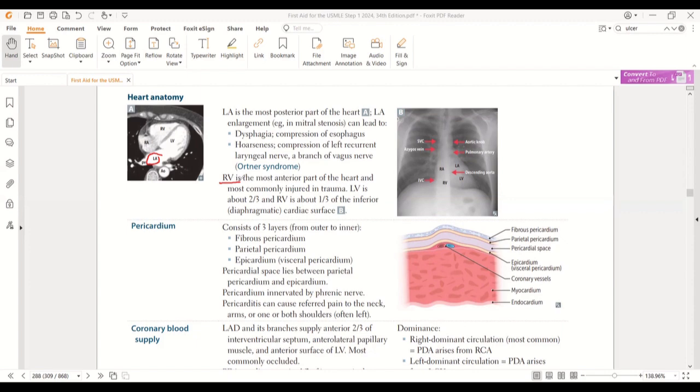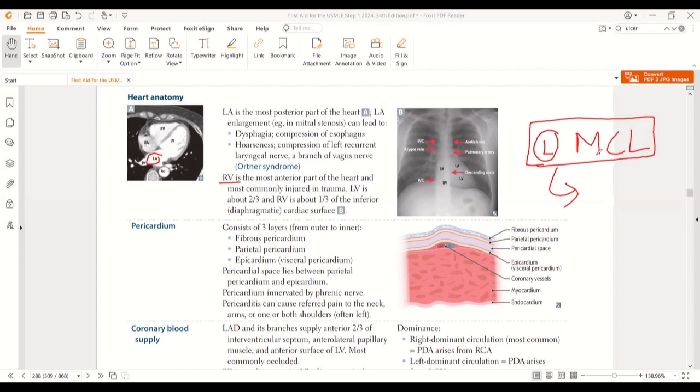They give you a penetrating injury that is present lateral to the left mid-clavicular line. Which of the following structures is injured in this patient? Can anybody understand my question?